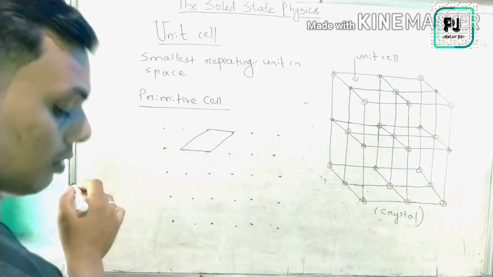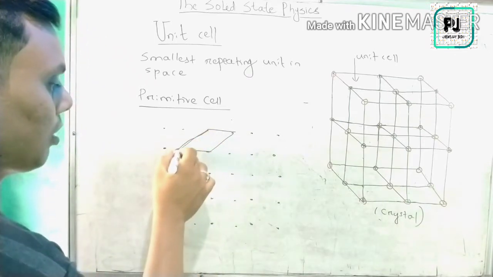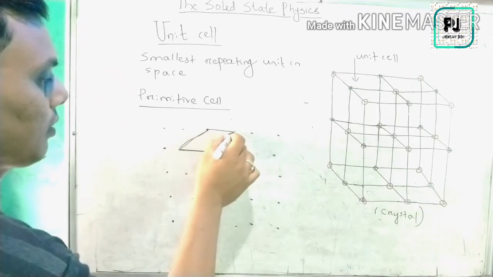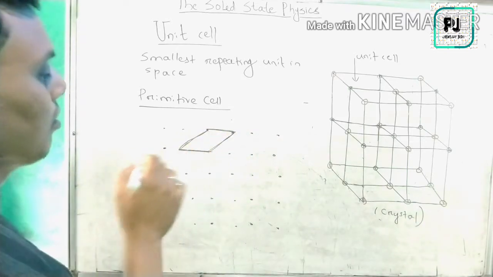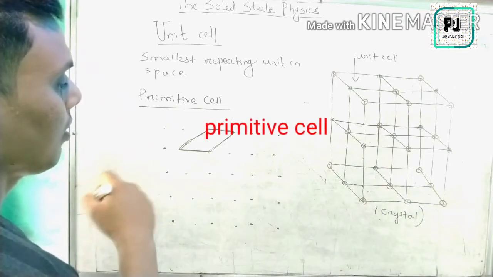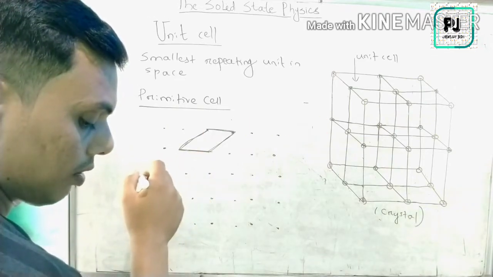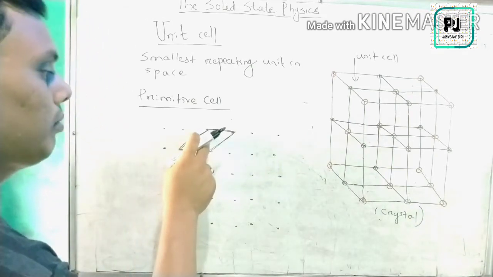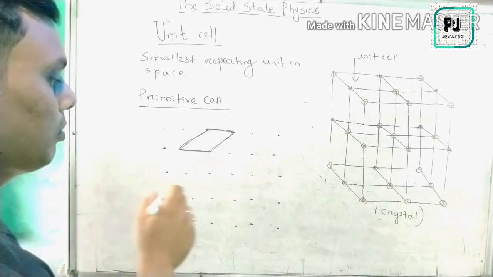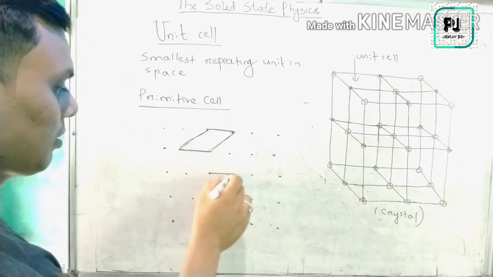This one which we have taken is called your primitive cell. That means it consists of one atom. This cell consists of one atom, that is called the primitive cell. Suppose you take a different arrangement.